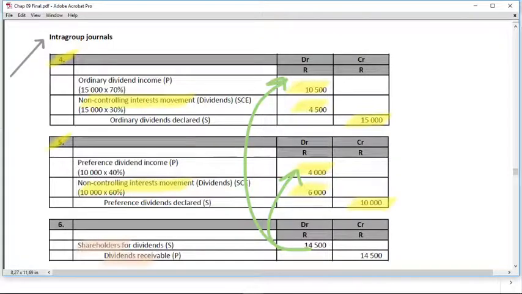The portion of the dividend owed by the subsidiary to NCI is not considered an intra-group balance to eliminate.